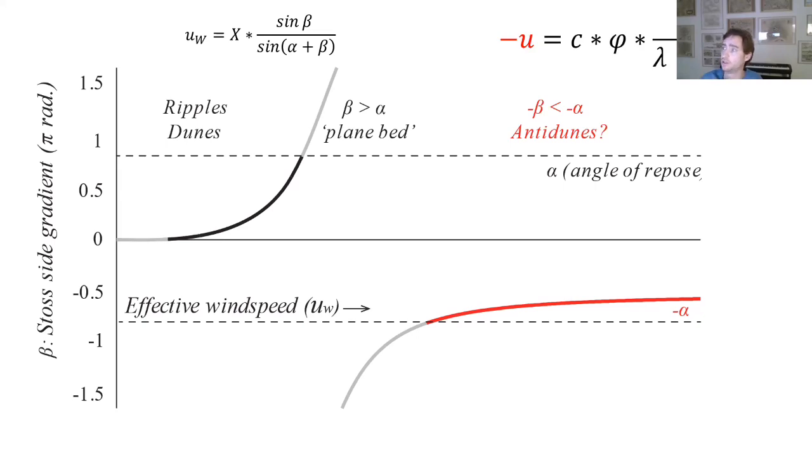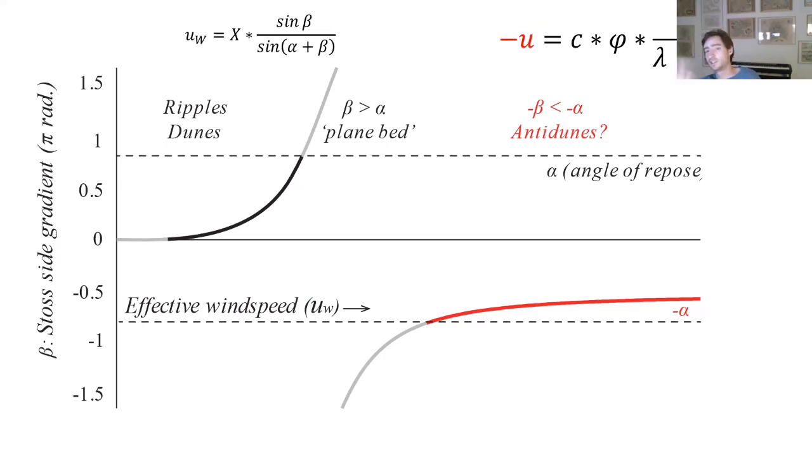What that shows is that if we have this very high current intensity, then we have a situation where the windward side is negative. That's a little bit difficult to understand. But if you plug that into the equation on the top right, then you see that it's consistent with backwards motion of the bedform.